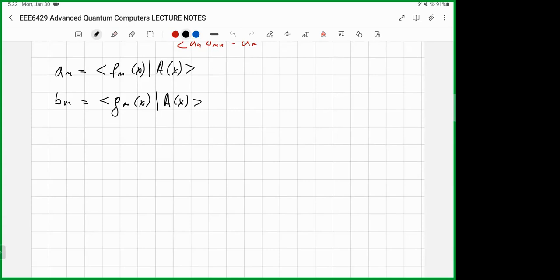So how can you imagine all this? Let's suppose you have this vector space, and then you introduce a set of orthonormal vectors.